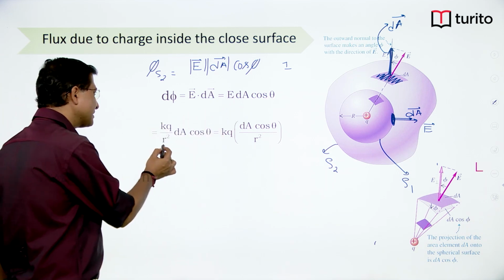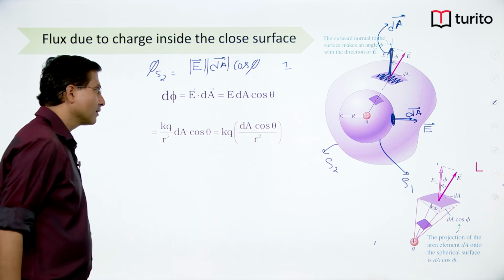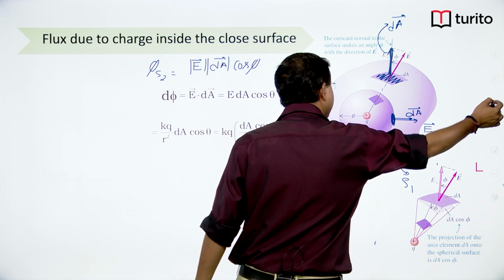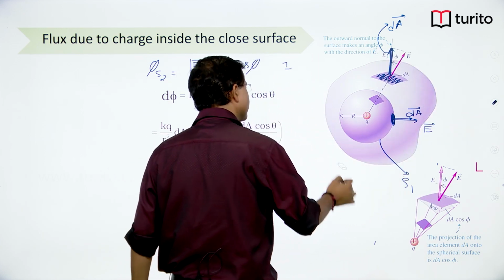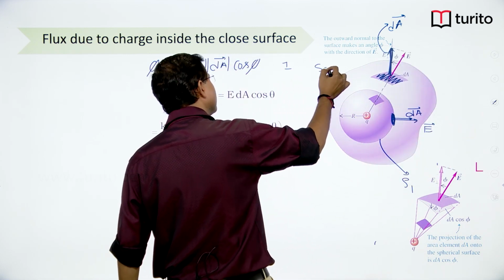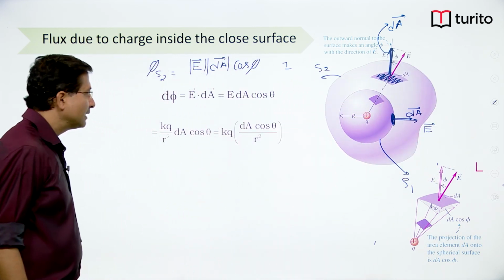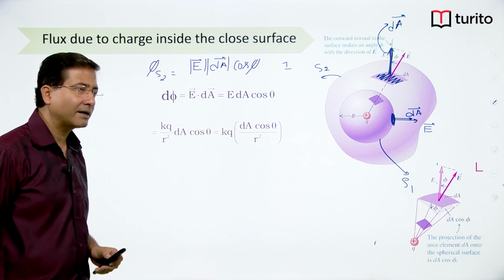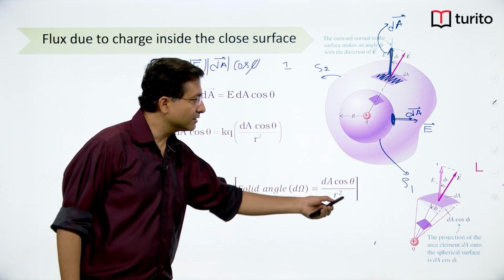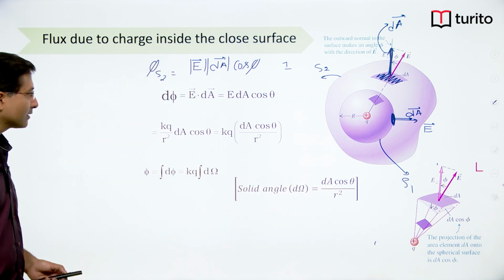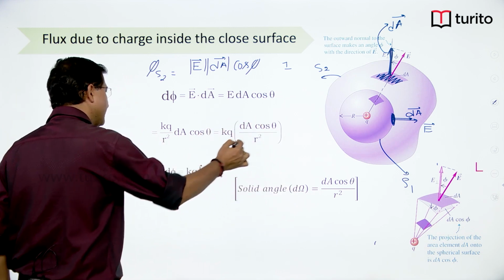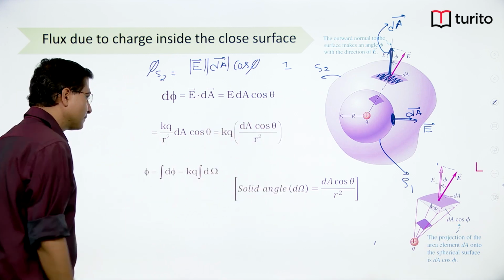Now, I will take this r inside and just now we have seen that this dA cos theta upon r square is solid angle, right. So, solid angle dA cos theta upon r square, right. So, this whole thing I write solid angle, kq is left.